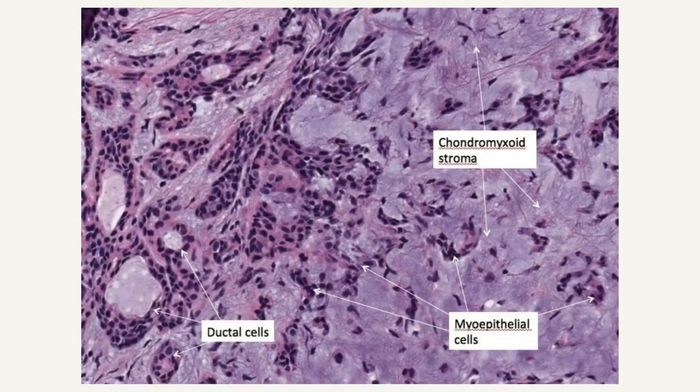In this higher magnification histological slide, the epithelial components are basically the lining of the ductal epithelial cells, whereas the myoepithelial component is sprinkled in the stroma, and these stromal cells are all derivatives of myoepithelial cells. These are myoepithelial cells which differentiate into these stromal components. Finally, the stromal component, which is, again, a derivative of the myoepithelial cells. Predominantly, it will be chondromyxoid.